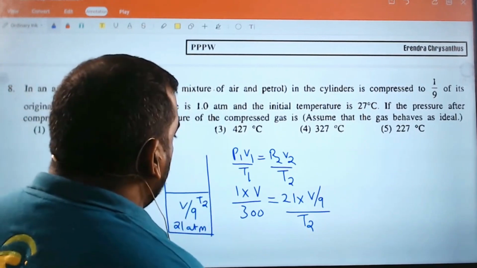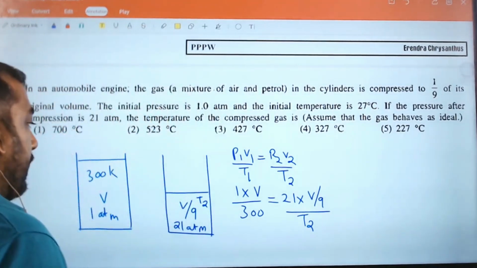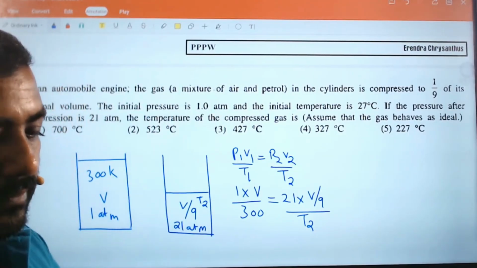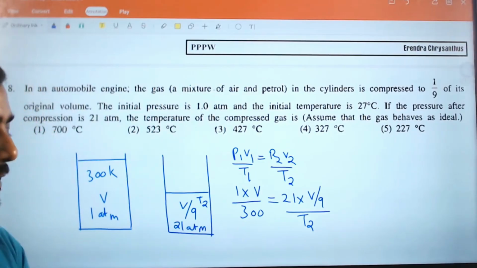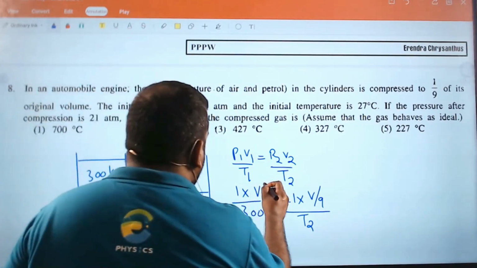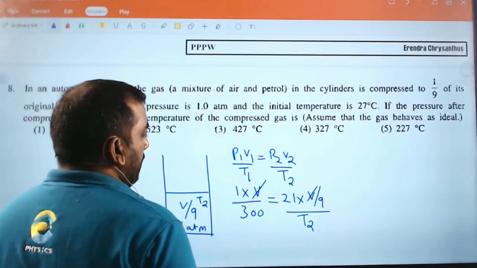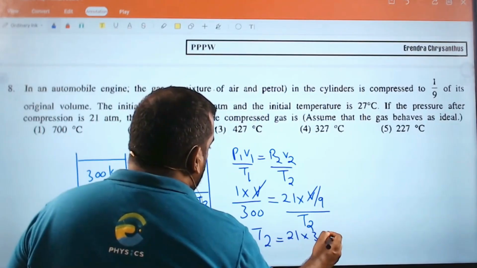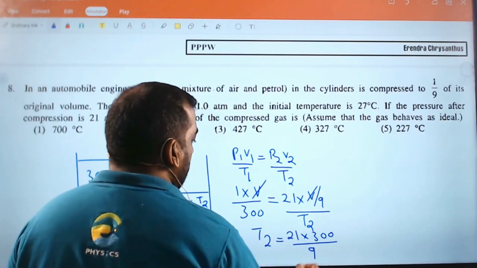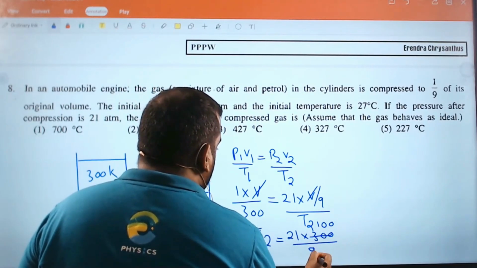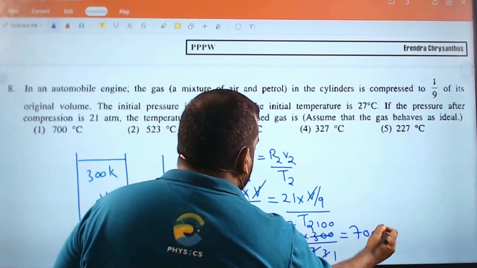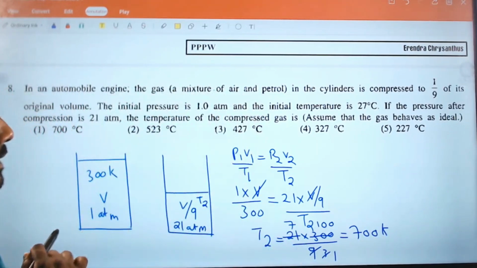V cancels off. Simplifying, T2 equals 21 multiplied by 300 divided by 9, which is 700 Kelvin.